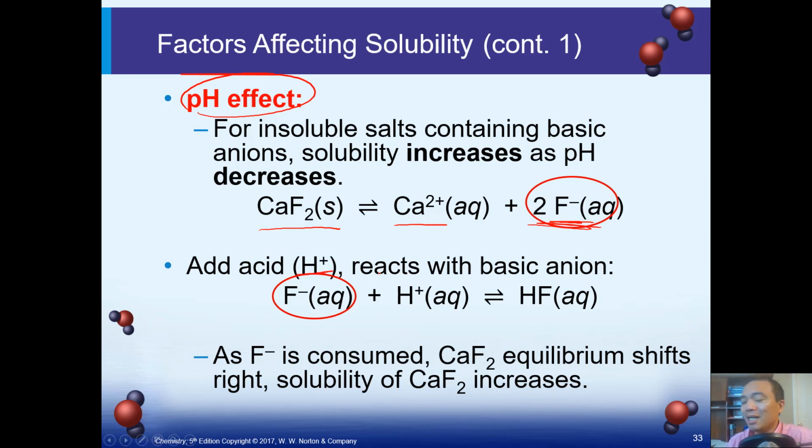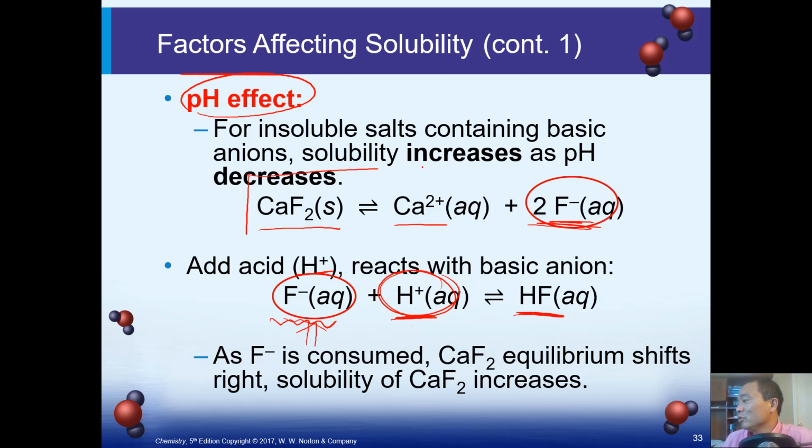What happens is this newly added acid will react with the anion F-, and it generates HF, which is a weak acid. So when you keep adding acid into the solution, it will react with the F- fluoride. This will cause the concentration of F- to decrease.